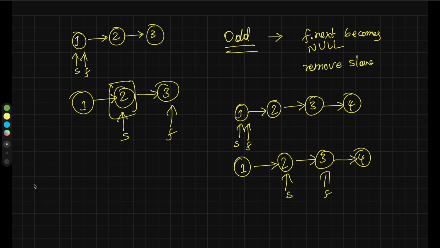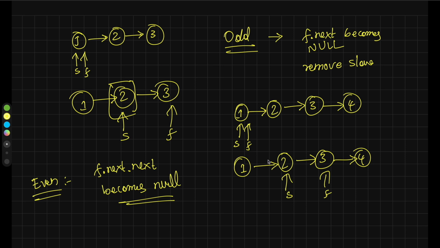So for even, if the linked list has an even number of nodes, then fast dot next becomes null. And then according to the problem statement we have to remove this node. So we have to remove slow dot next. So this is the only thing we have to understand in order to solve this problem.